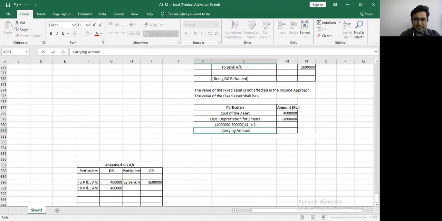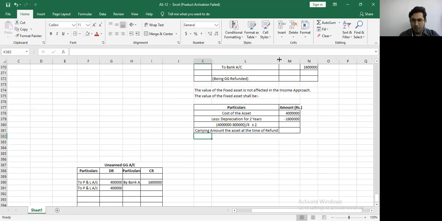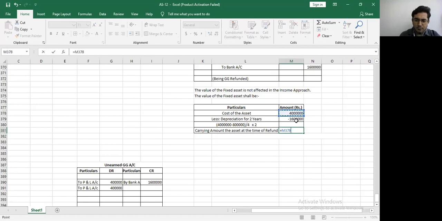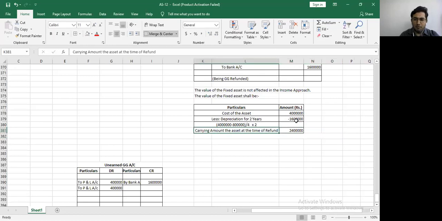Tell me, the carrying amount of the asset at the time of refund is how much? 24 lakhs. Put over there 24 lakhs.